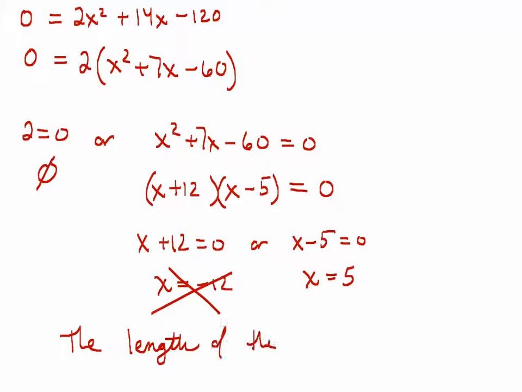I guess we need to know the question here. Let me get back to the question. I think he's asking for the final length of the sides. Find the lengths of the 2 legs. Cool. All right. So the lengths of the legs are 5 meters and 12 meters.